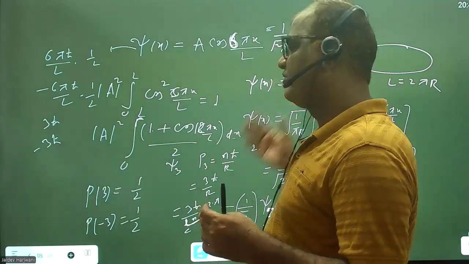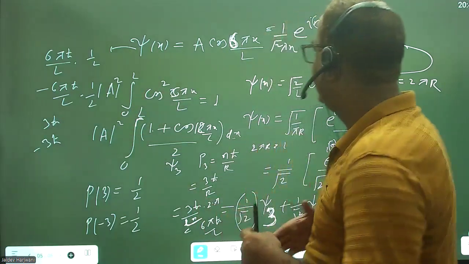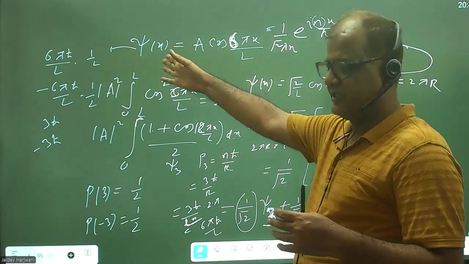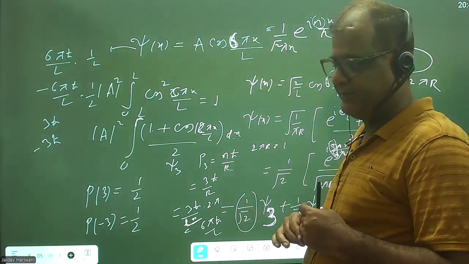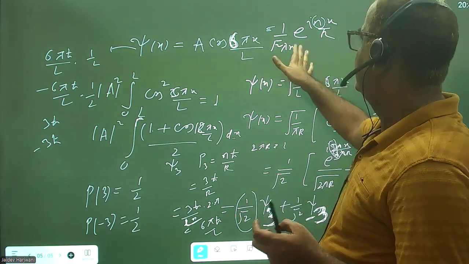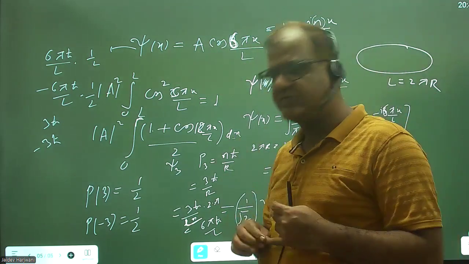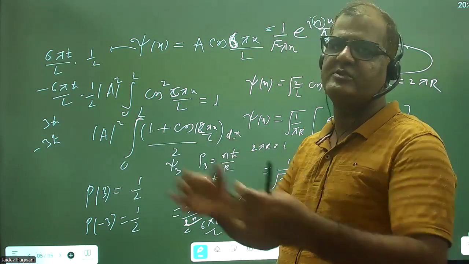Here we have shown that I can expand any function in terms of the eigenstates of momentum, and if we expand this, then calculations become easy.